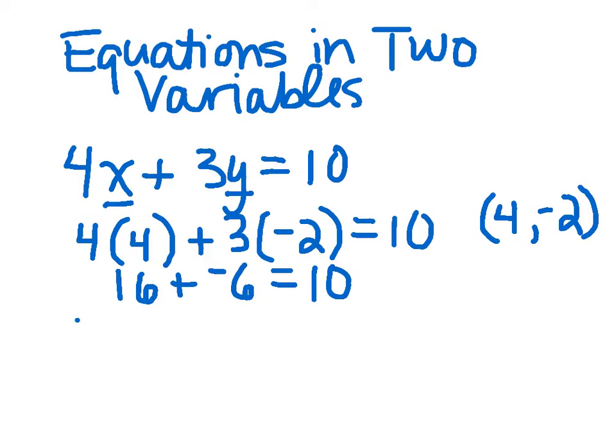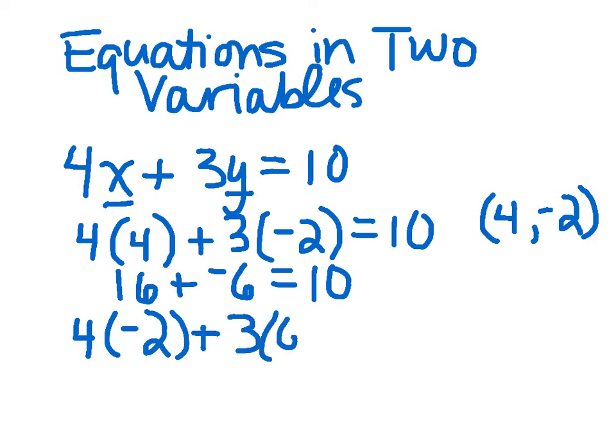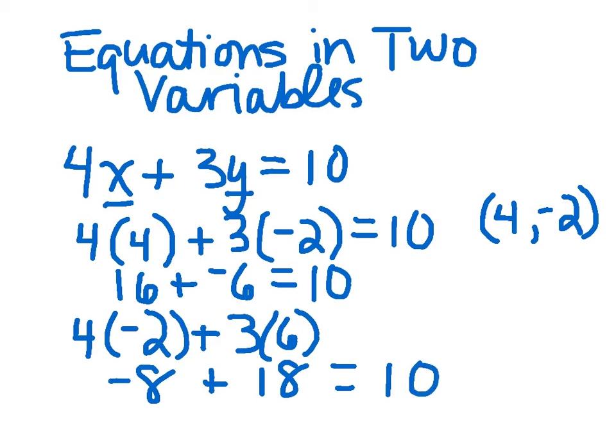Here's another solution: 4 times negative 2 plus 3 times 6, because negative 8 plus 18 equals 10. So that is true, meaning that negative 2 for x and positive 6 for y is a solution.